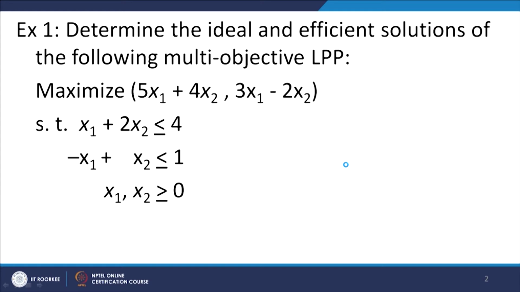So, here we have two objective functions which are to be maximized. First one is 5x1 plus 4x2 and the second one is 3x1 minus 2x2.